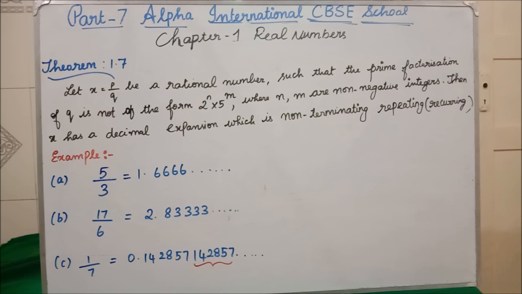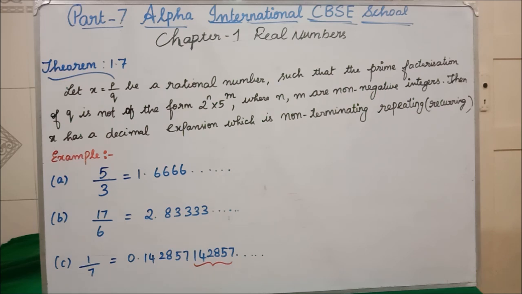Students, what is the difference between theorem 1.6 and 1.7? In theorem 1.6, the denominator part should be in the form of 2 power n into 5 power n. Then we will say that the expansion is terminating.